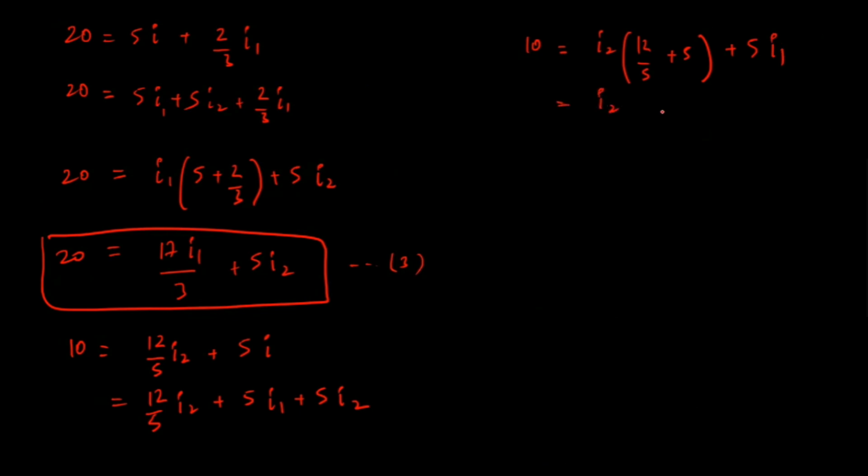So it is 5 times 5 is 25, 25 plus 12, 37 by 5 I2 plus 5 I1.